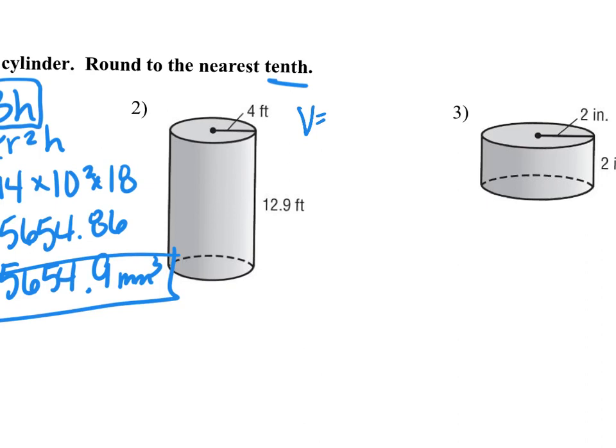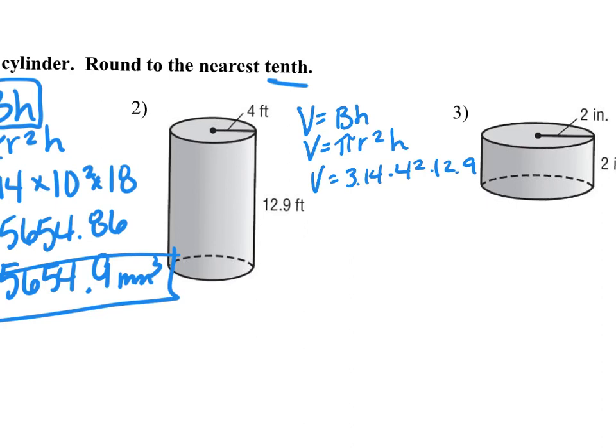Number 2. We're just going to follow that same formula, and I figured that y'all pick this up fairly quickly. So you're going to do second pi, and then your radius is 4 squared, and your height is 12.9. So the numbers are going to be a little bit trickier.